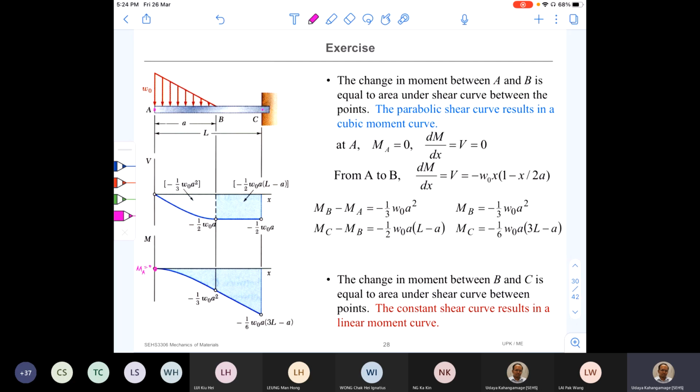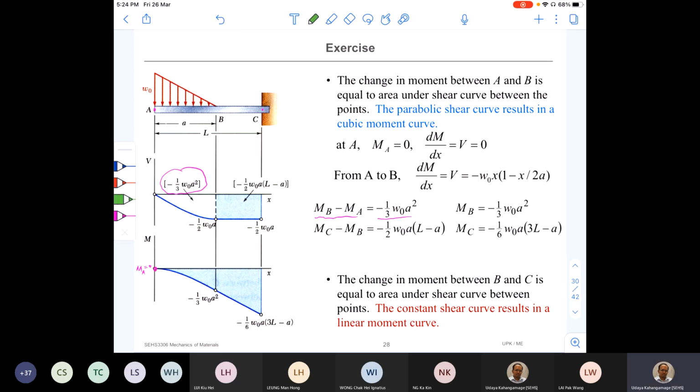And next, since from A to B the function is going to be continuous, we can find out the variation of bending moment between A and B, MB minus MA. It should be equal to the area under the curve of shear force. So that is what we can see here.